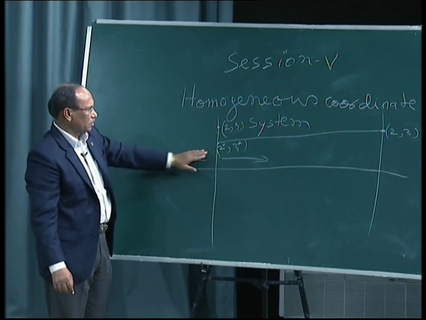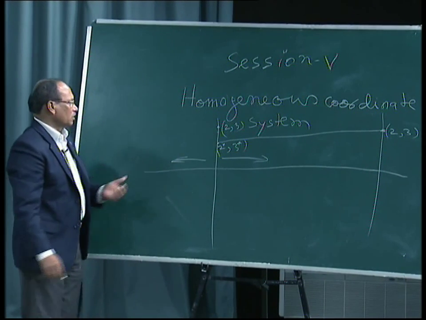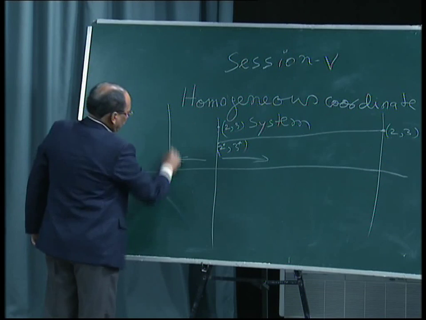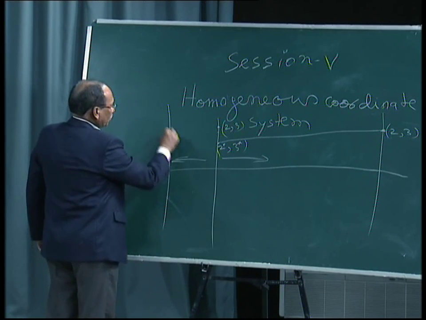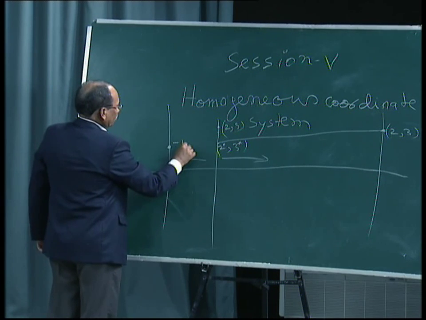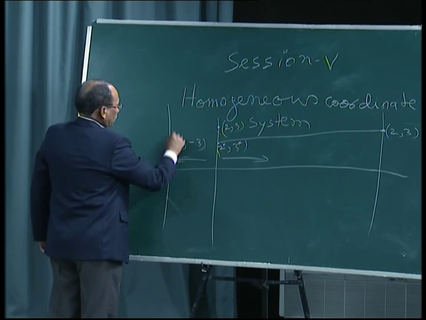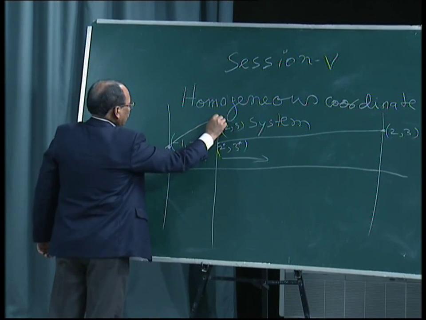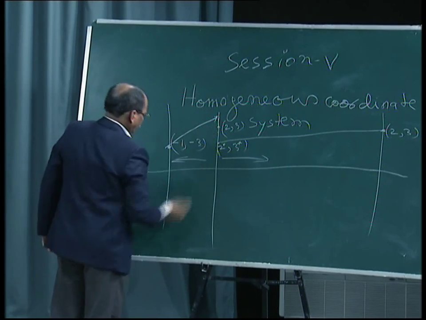In similar reasoning, any object behind me will appear larger. Suppose -1 and -3, when it appears here, it will be larger.